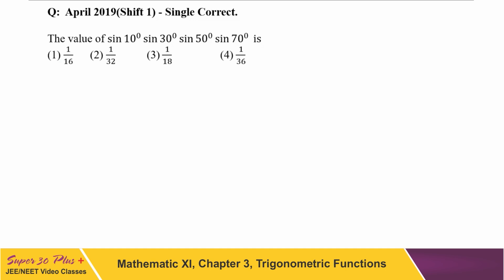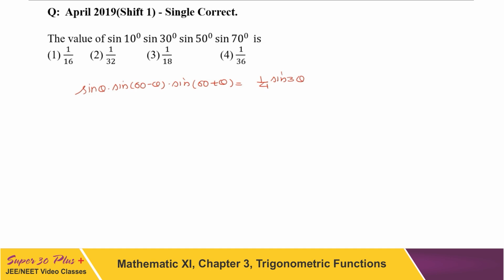The value of sin 30 is 1 by 2, and we have a category of questions like sin theta into sin 60 minus theta into sin 60 plus theta, and the value of this expression is 1 by 4 sin 3 theta, and it is a well known expression.